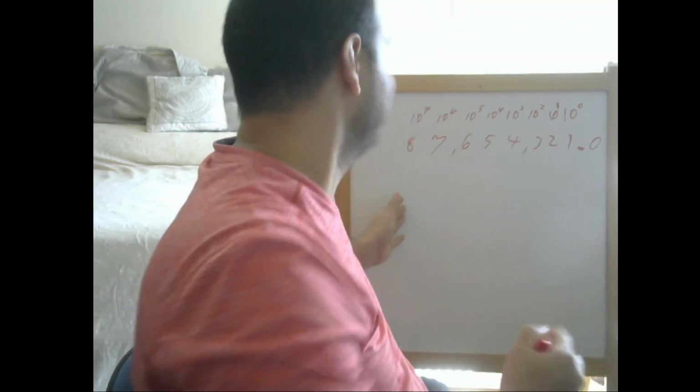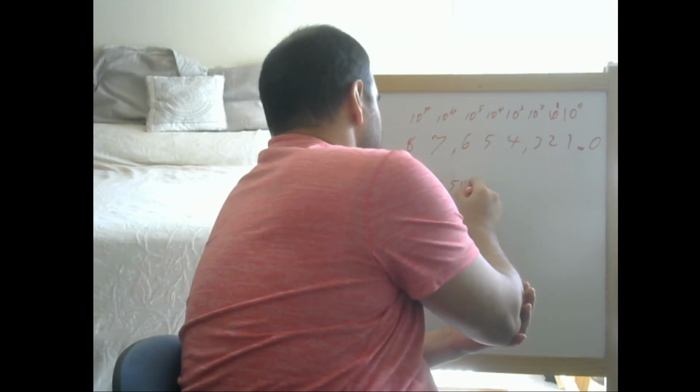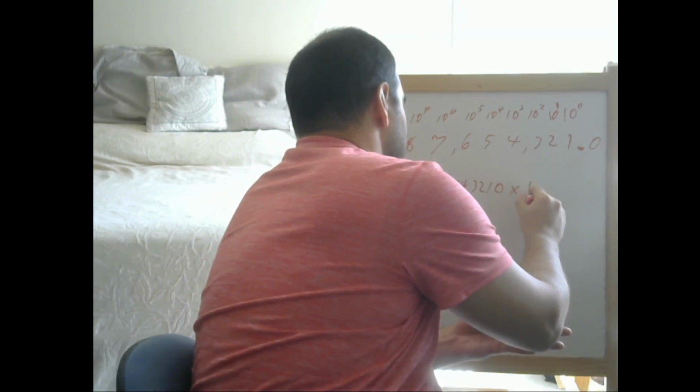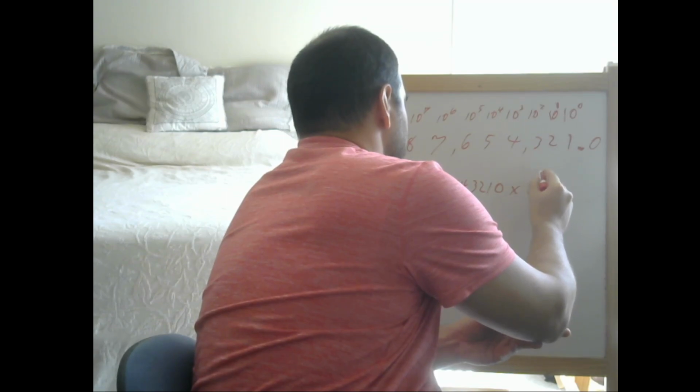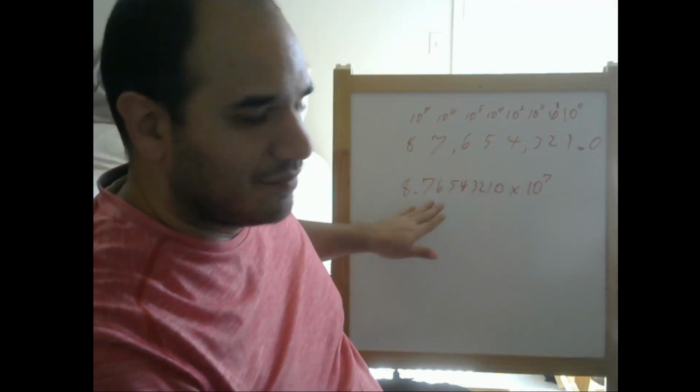Whenever we learn scientific notation, one of the things we learn is to represent it as a single whole number followed by some number of digits after the decimal place, and then we multiply it by an exponential form. So we slide everything over 7 places, right?